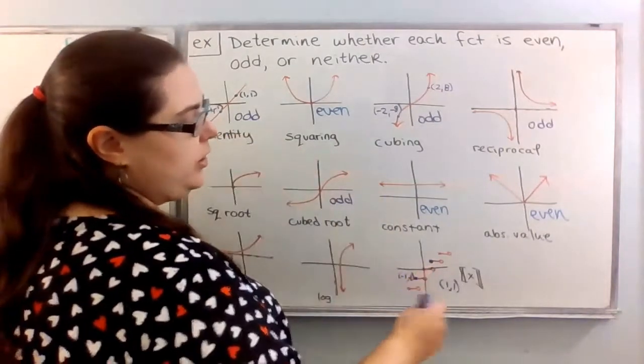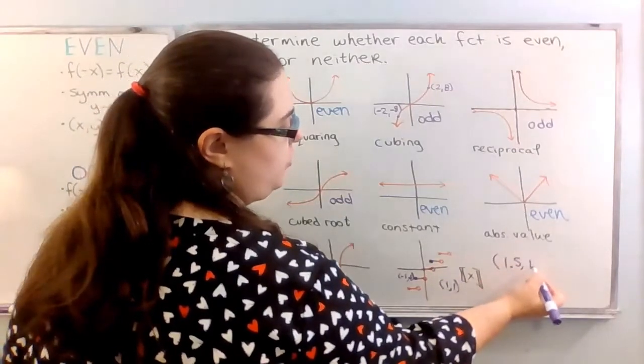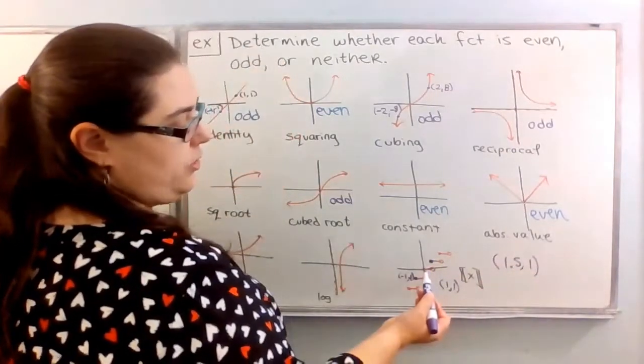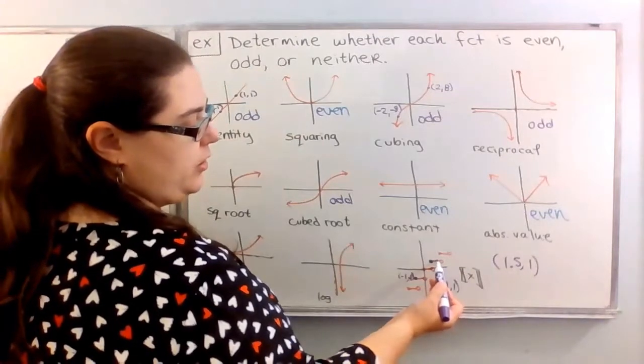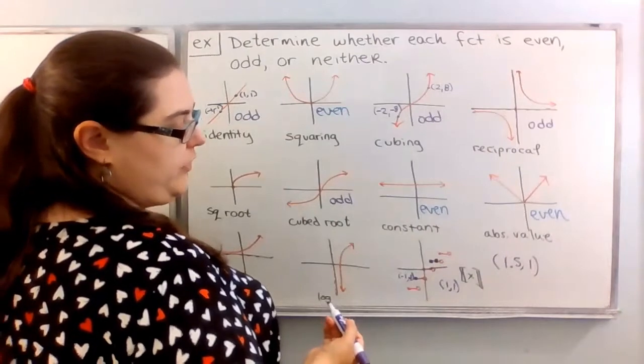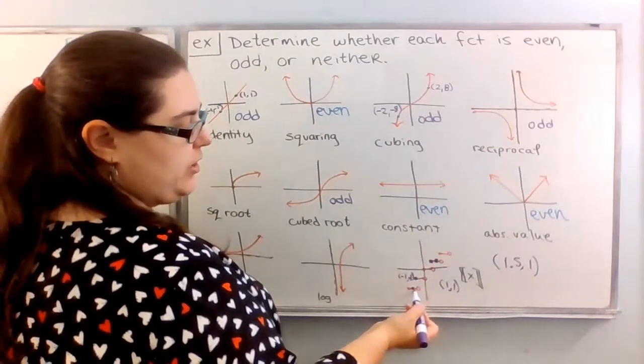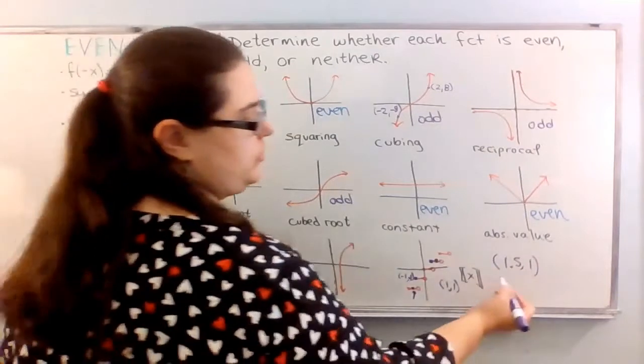For example, the greatest integer function goes to the point (1.5, 1). So if I go over to 1.5, I have a y value of 1. But if I go over to -1.5, I end up down here at -2.